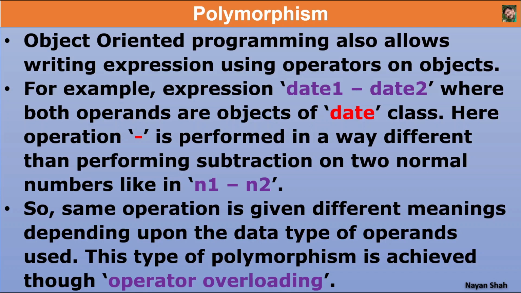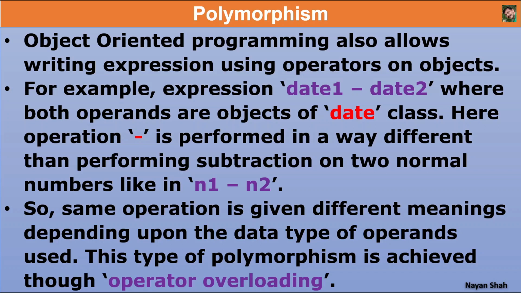Here the minus operation is performed in a totally different way than subtraction on two normal numbers like n1 minus n2. In n1 minus n2, the subtraction is done normally as we do in mathematics. But when the subtraction sign is used with date objects, the subtraction will be done differently.